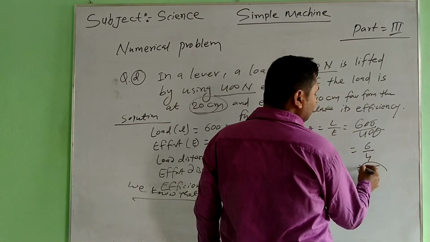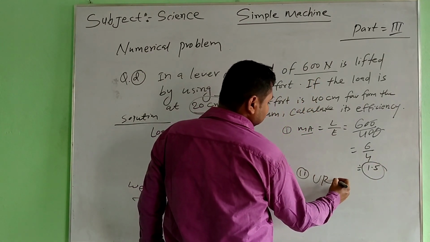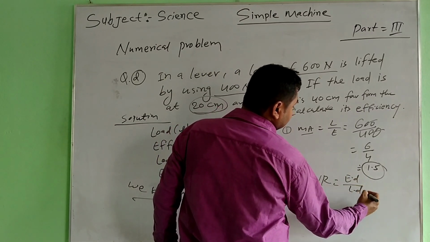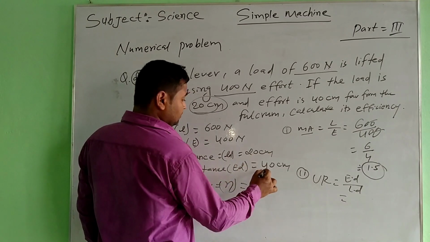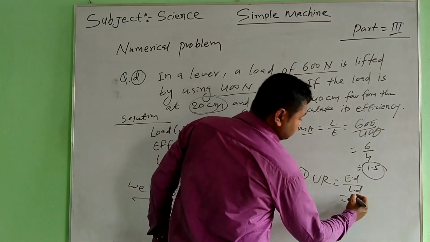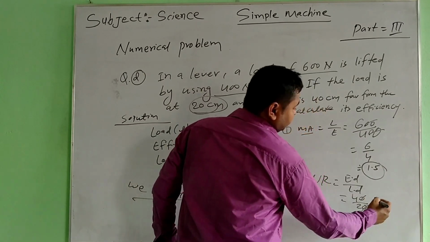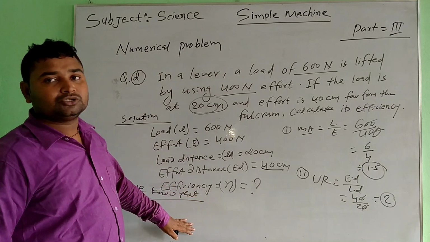MA is 1.5. Now VR. VR means ED by LD. ED is 40 by 20, it means 2.